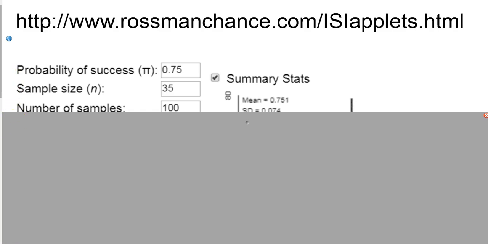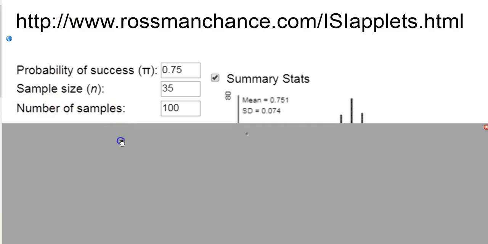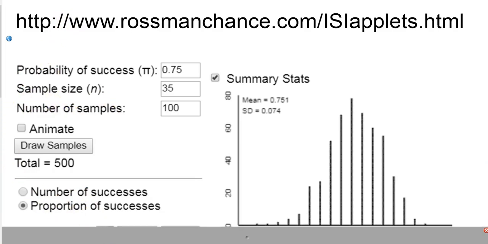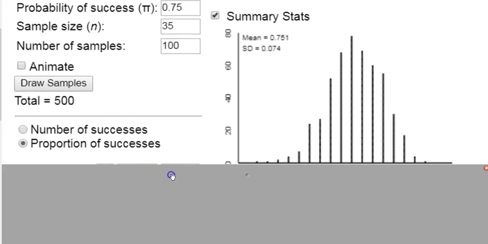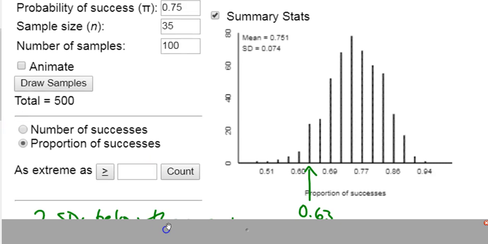Okay, so hopefully you carried out that simulation. I'm guessing it looks something like the one from my other class. And if you do enough trials, I've got 500 trials here, you're going to see somewhat of a bell curve. You should click Summary Statistics so we see the mean and the standard deviation of the sampling distribution. I want you to look at where your class's proportion of success came out from that sample that your classmates collected.